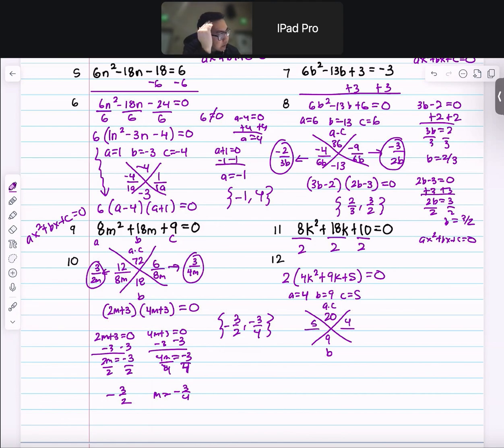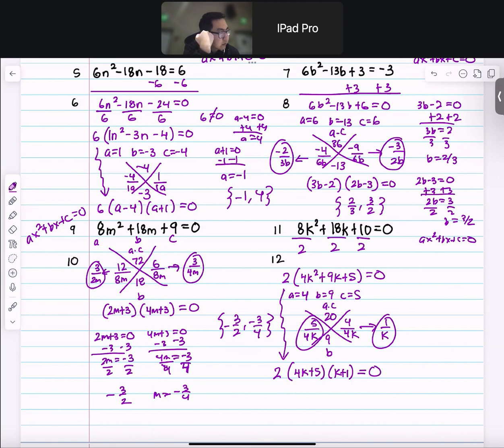And then divide both of these by your a value and attach the variables. This one's fine, but this one you can divide top and bottom by 4 to make it 1 over k. So your factors are, don't forget the GCF bandit of 2, 4k plus 5 and k plus 1, all equal to 0.